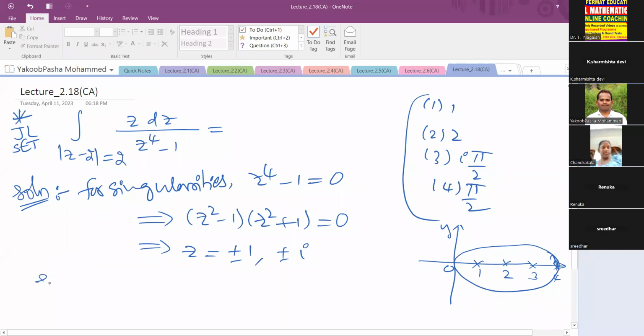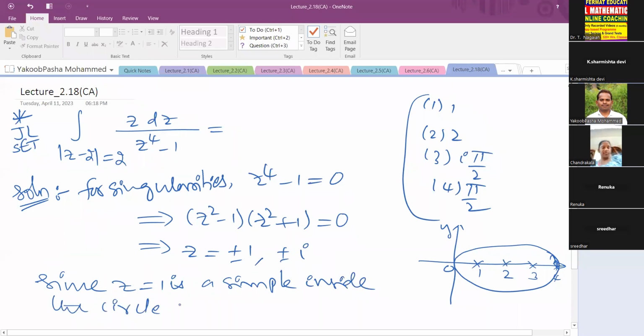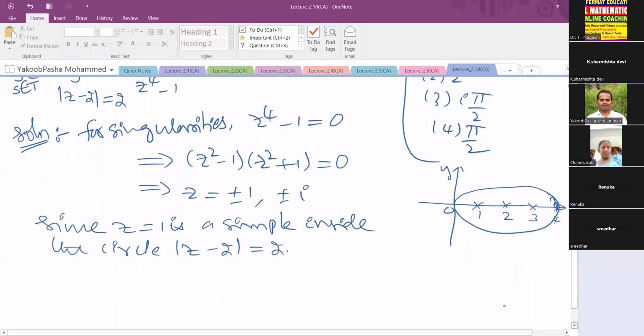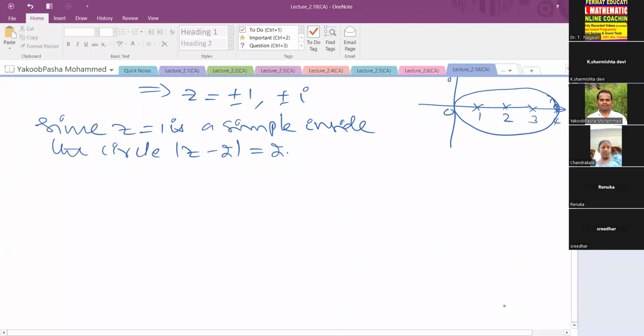So since z is equal to 1 is a simple pole inside the circle, modulus of z minus 2 is equal to 2. Okay. So we can calculate the residue at the point z is equal to 1.